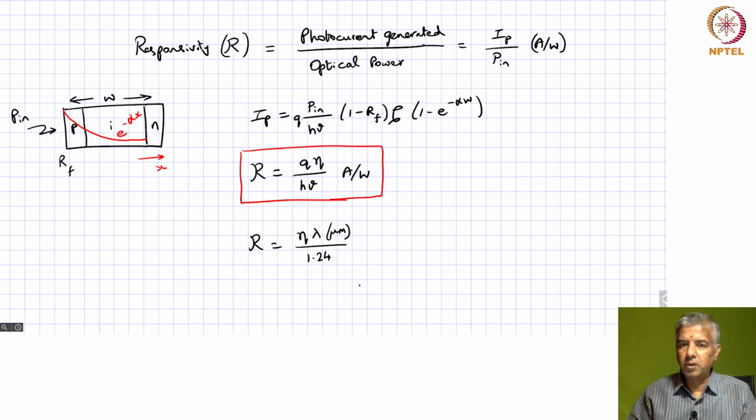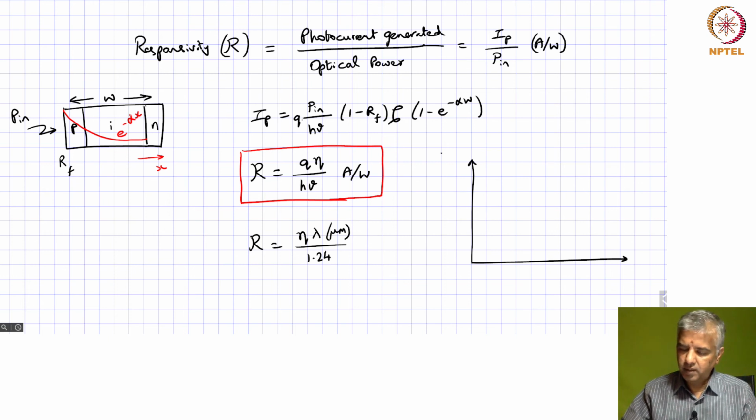So what does that tell you? It tells you that the responsivity is increasing as a function of lambda. The longer the wavelength, the more the responsivity. How far can you stretch it?